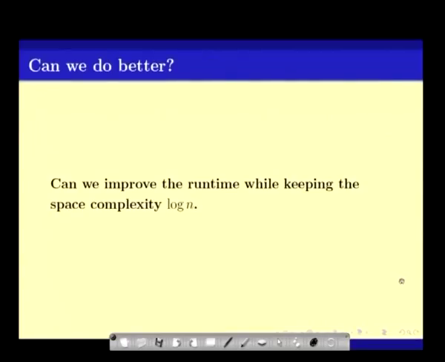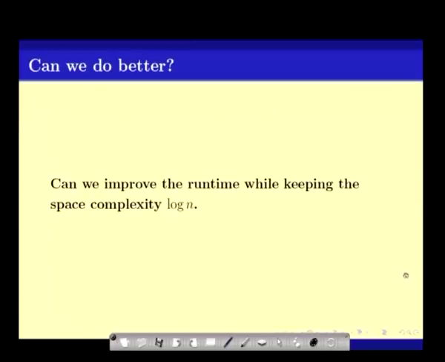Thus, space complexity log n is kind of the optimal one can think of. The idea is, can one do better in the case of runtime while maintaining the same space complexity?